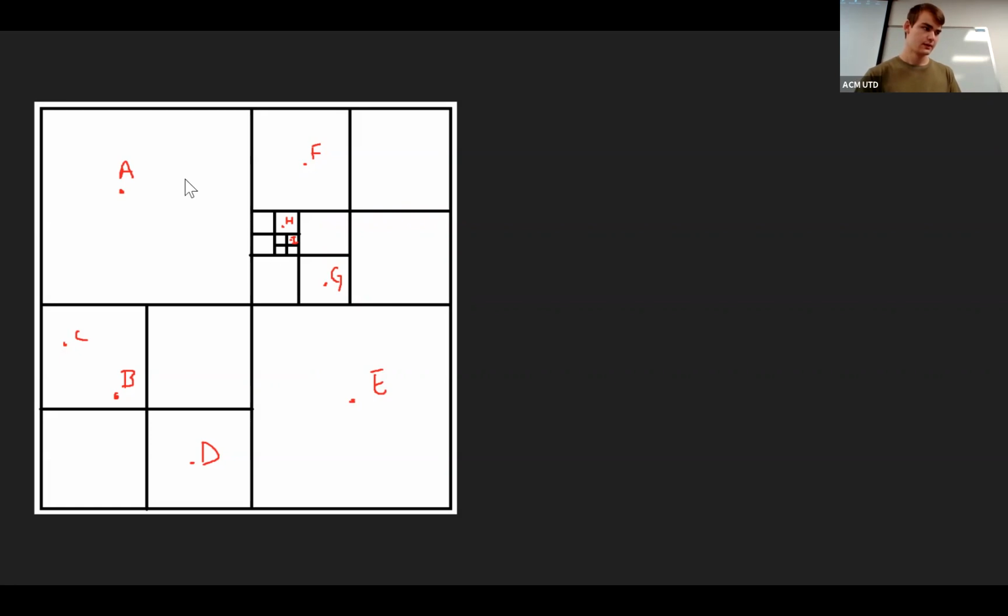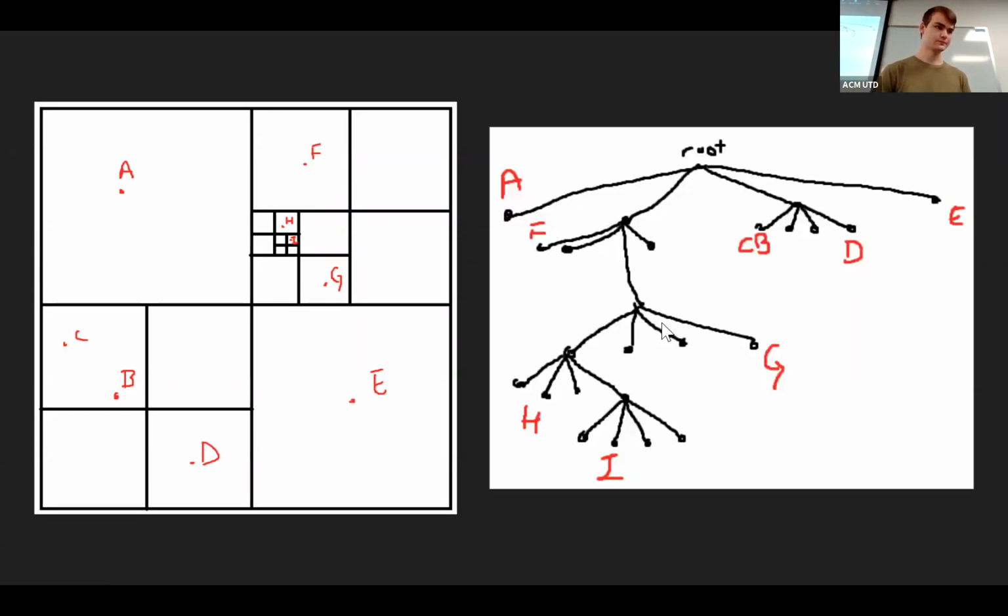So in this case, every element is in a unique quadrant except C and B, so only those 2 would need to be checked. Now, this is a super extreme example because there's only 10 elements or something there, and we would never want it to be that divided for just 10 elements. But I think it does a good job of illustrating the structure of it.